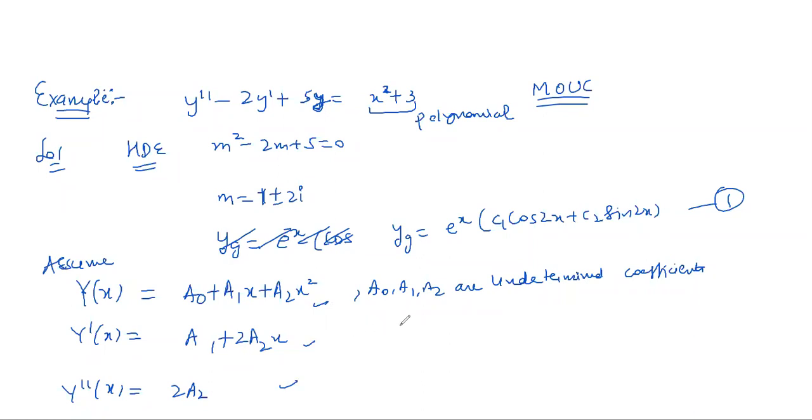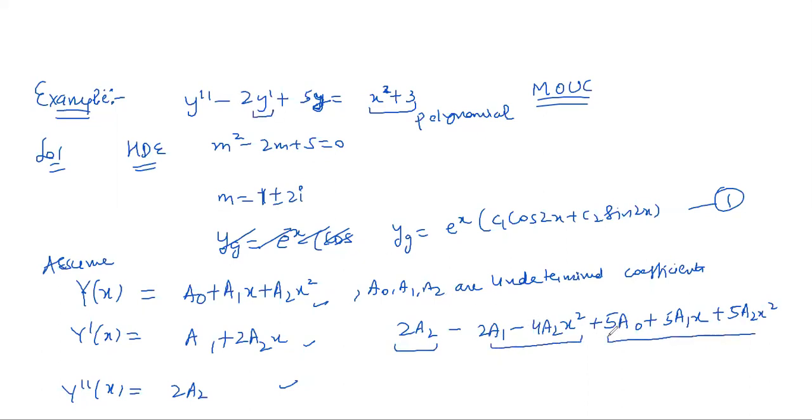You are going to get 2a2 - 2(a1 + 2a2x) + 5(a0 + a1x + a2x²) = x² + 3. So I put the value of Y'', this is minus 2 times Y', and this is 5 times Y.